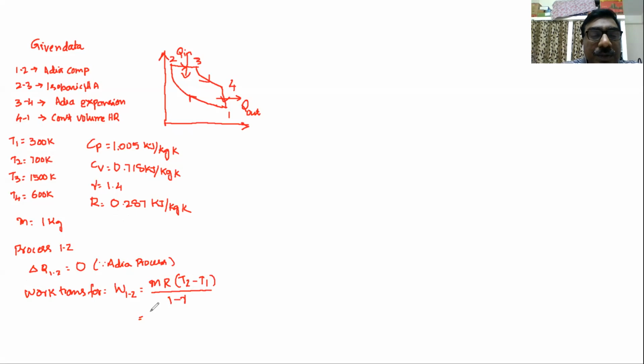So this is equal to 1 into 0.287 into (T2 is 700 Kelvin, minus 300 Kelvin) divided by (1 minus 1.4).